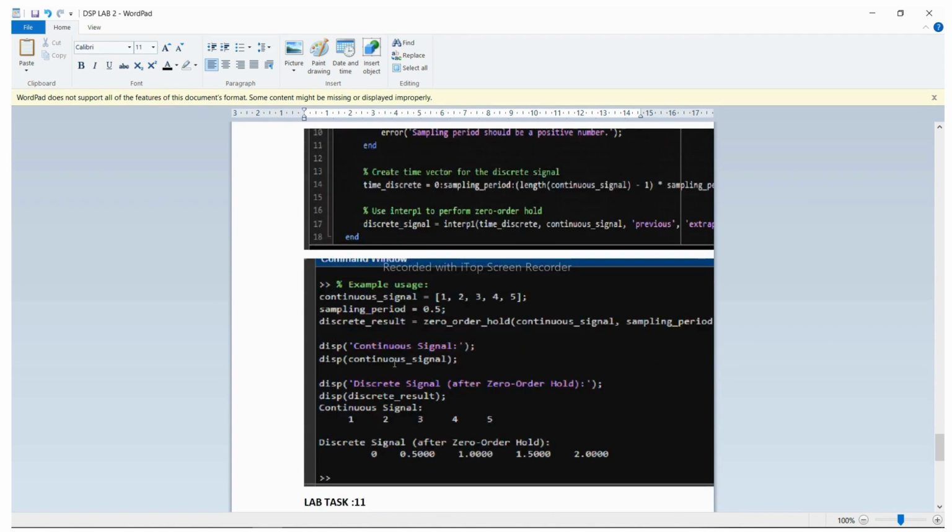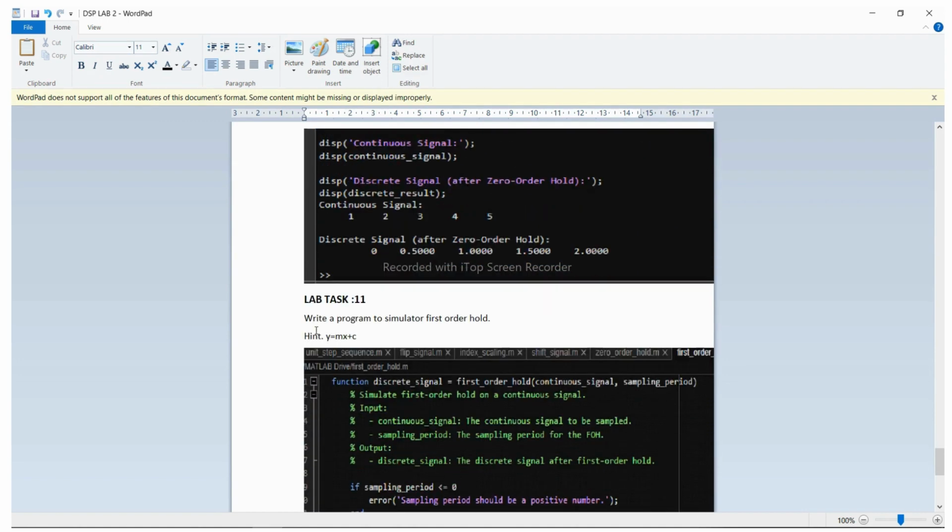We have a continuous signal from 1 to 5, and the sampling period is equal to 0.5. We will get a discrete signal after zero order hold, which starts from 0 and then 0.5, 1, and so on.